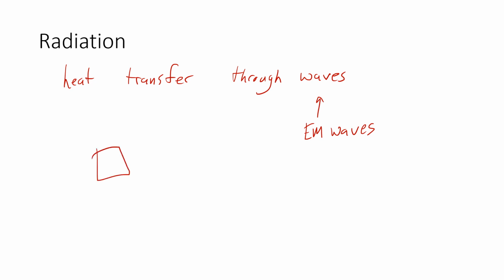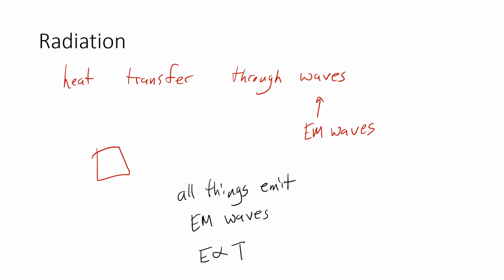Here's a box. Now what's happened is all things emit electromagnetic waves. You are emitting electromagnetic waves right now. But the energy of the waves is going to be proportional to the temperature, generally speaking.